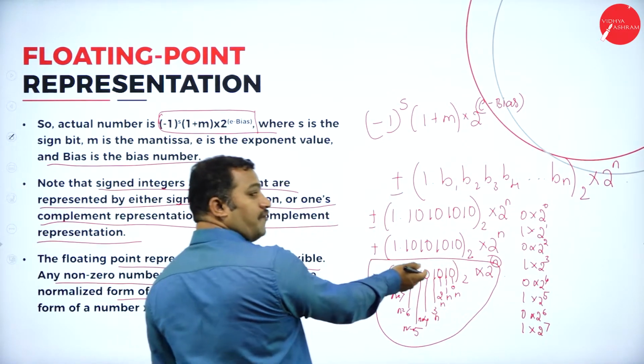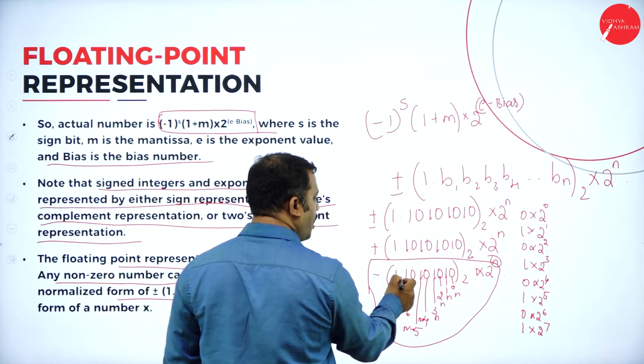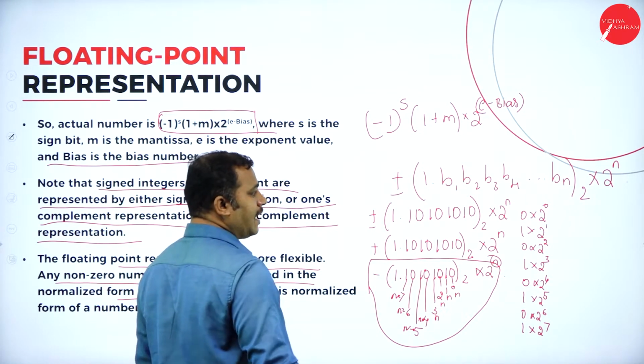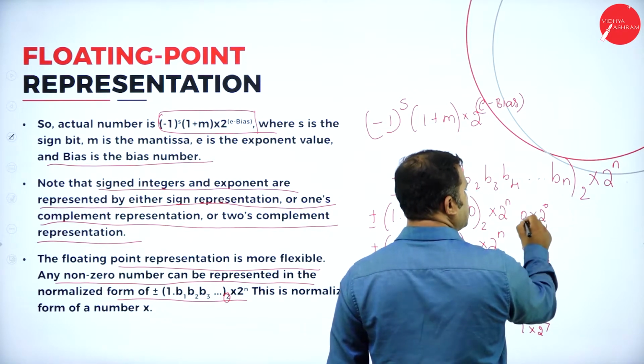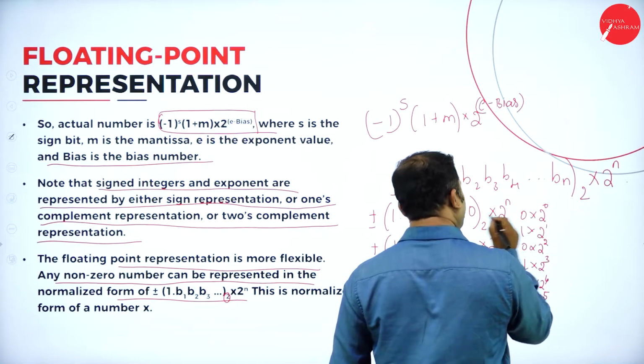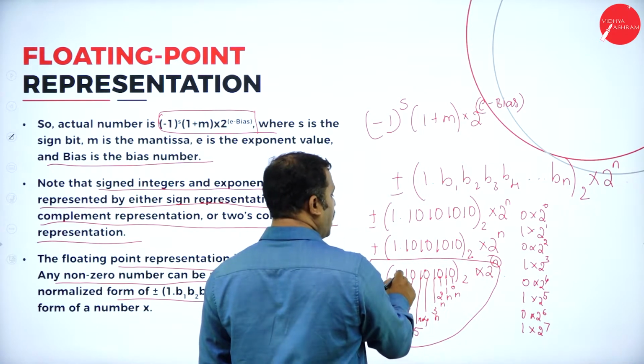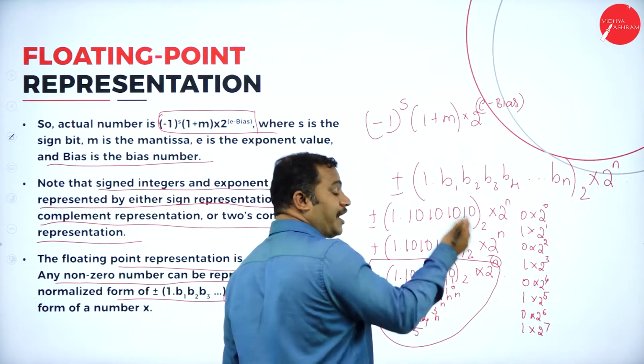Since I have this form after the decimal point, I can represent it in this format. 1 into 2 to the power of 0 is what? It is 1 into 1, it is 1. But we have the value which is after the decimal point, that is the fractional part.